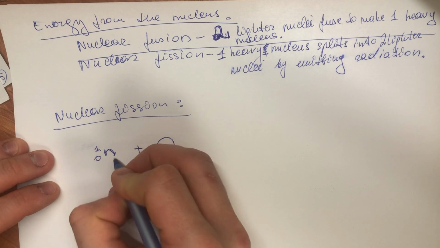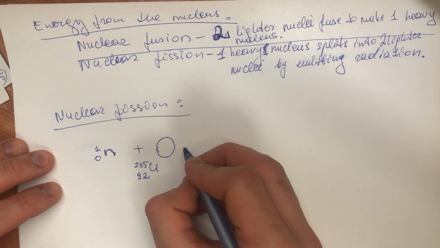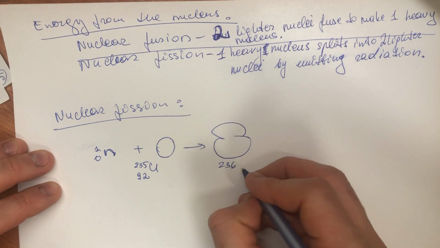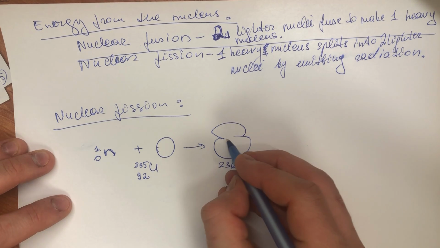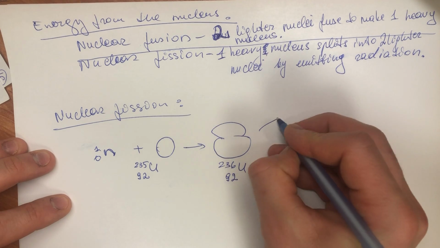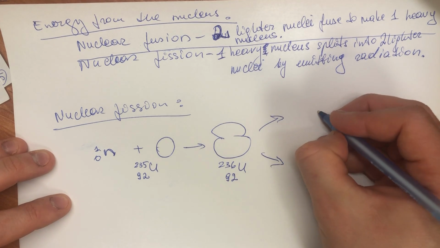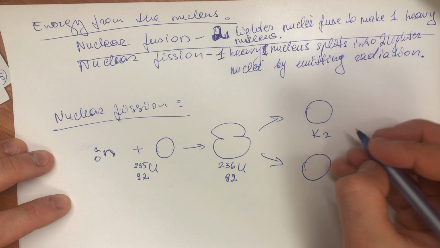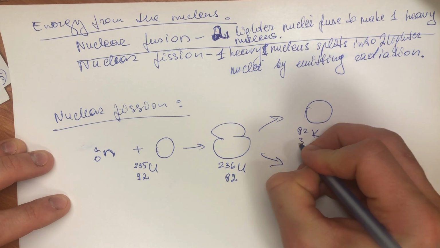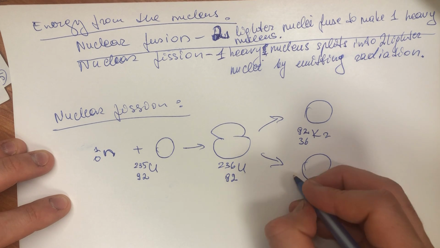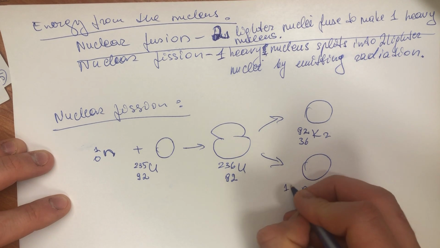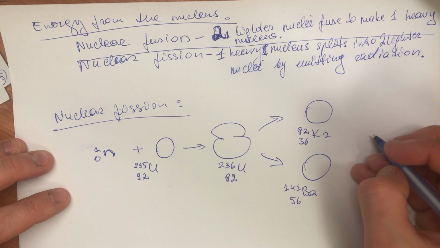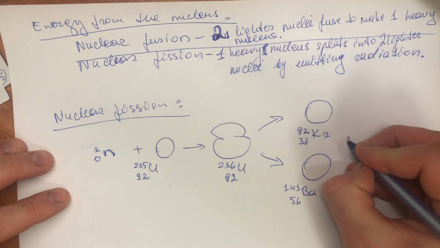So one neutron hits the uranium nucleus, and it becomes uranium-236, so it has absorbed this neutron, and it splits into two. One is krypton-92, atomic number 36, another one is barium-141, atomic number 56, and also 3 neutrons are generated.